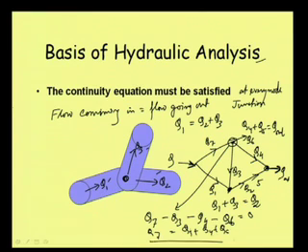So this is the continuity condition and this must be satisfied. That is the most important point. Based on this continuity condition, first we assign a logical value of discharge in each of the pipes during our pipe network analysis, and after that of course we need to do iteration based on the other conditions.